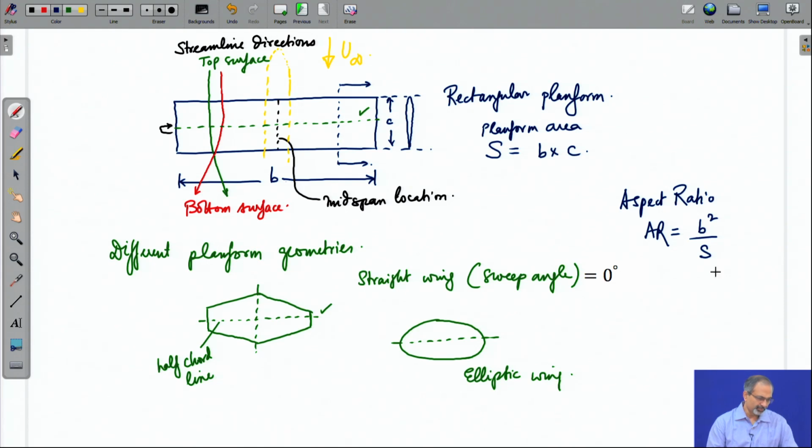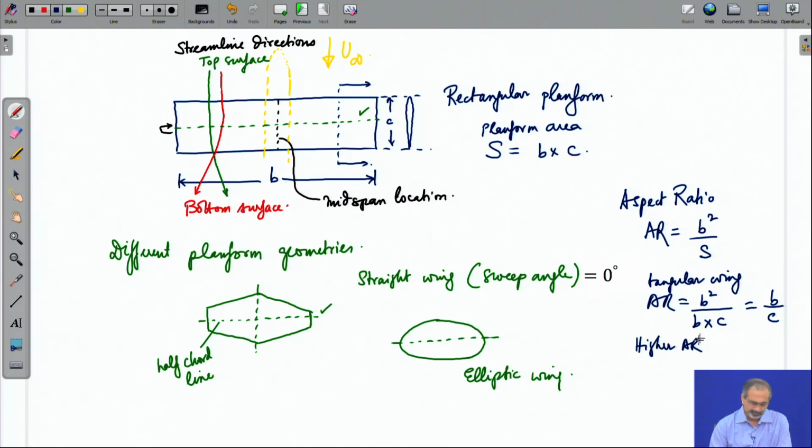So, the ratio B square by S gives us the aspect ratio. For a rectangular wing, aspect ratio is given by B square by B into C, which is B by C. Higher the ratio B by C, that means higher the wingspan versus the chord ratio, higher is the aspect ratio of the rectangular wing.